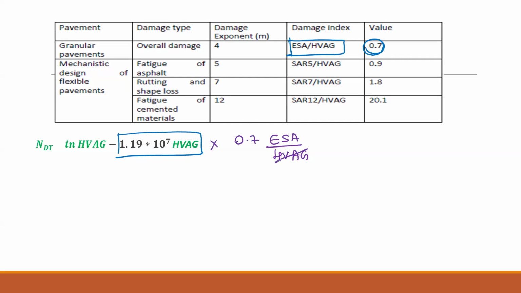So the heavy vehicle axle group unit will cancel out and you get the answer, which is 1.19 times 10 to the 7 times 0.7 in ESA. ESA stands for what? Equivalent standard axles. You have to familiarize yourselves with these terms. So what do we get?